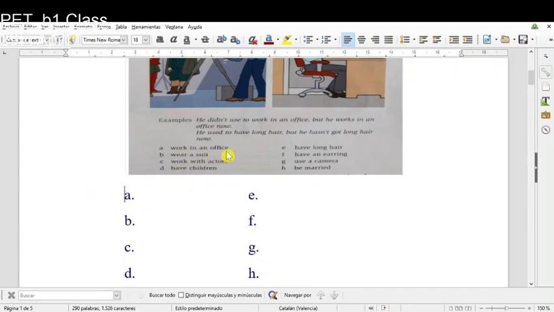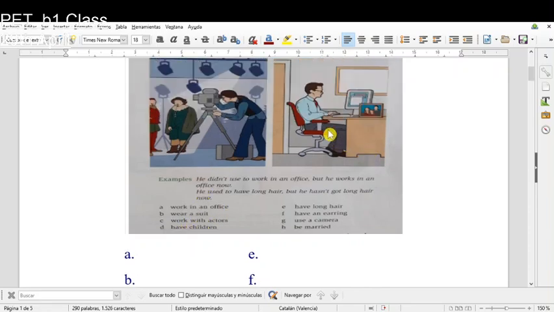Work in an office, wear a suit, llevar traje chaqueta. Work with actors is something from the past. Have children. Here, no children. Here, you can see, has a photo with the family. Have long hair.